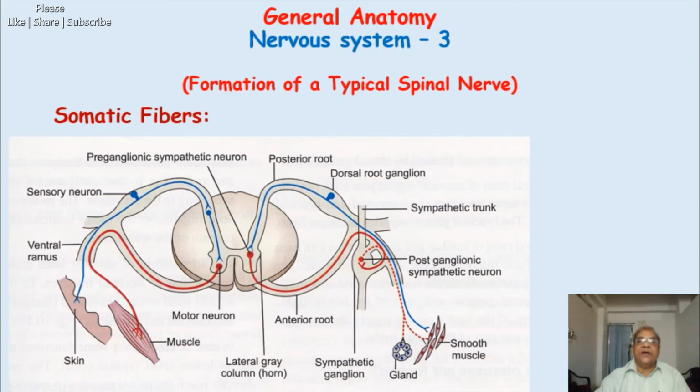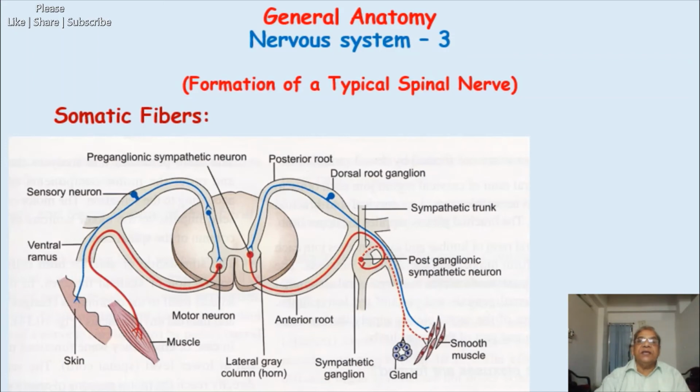Then these fibers jump from the ventral ramus to the sympathetic ganglion lying by its side, and synapse with another neuron present in the sympathetic ganglion, the postganglionic sympathetic neuron, whose axon arises and joins again to the ventral ramus.